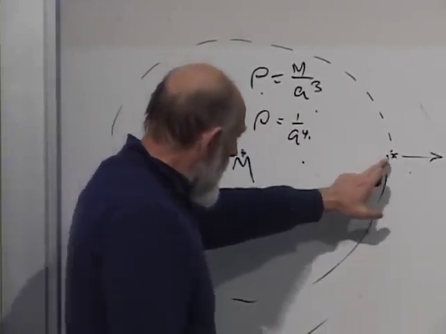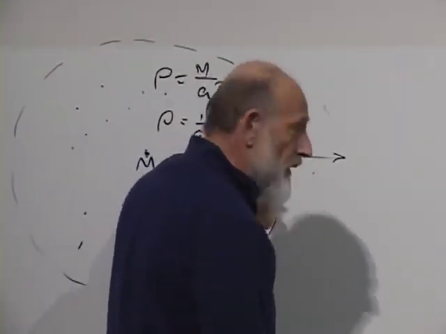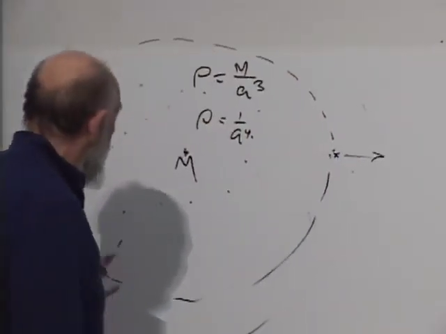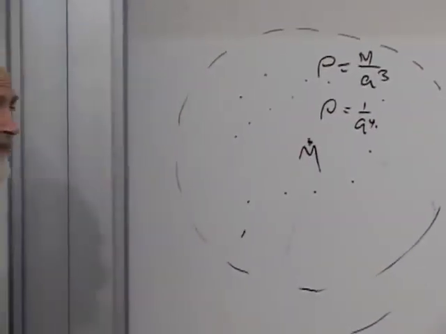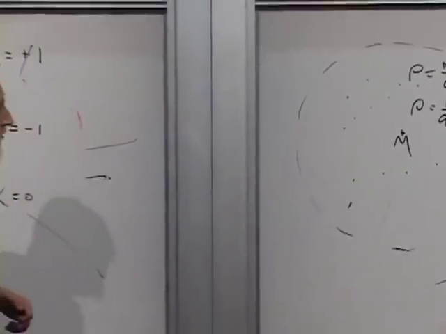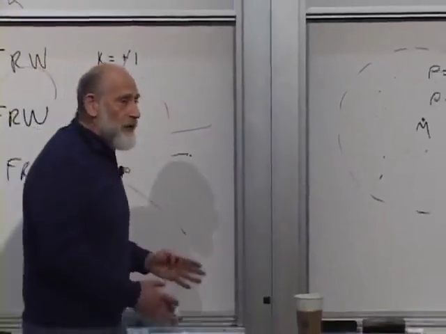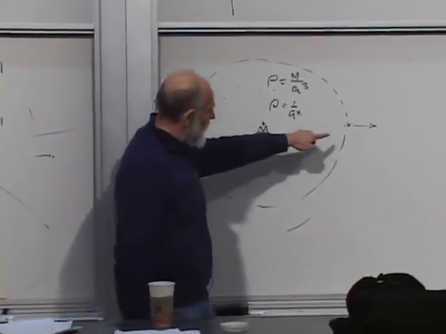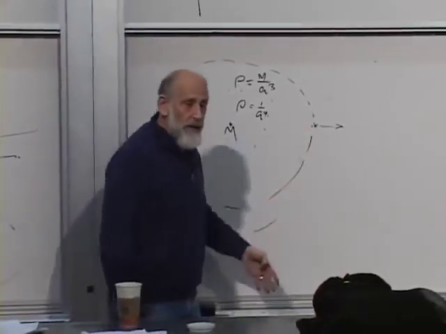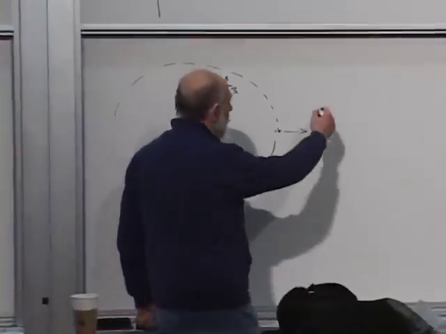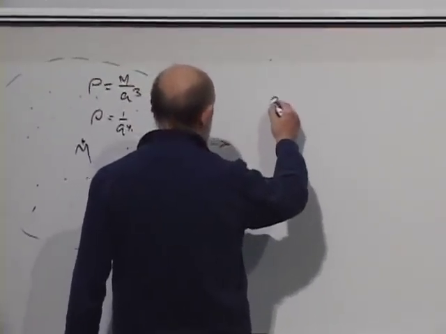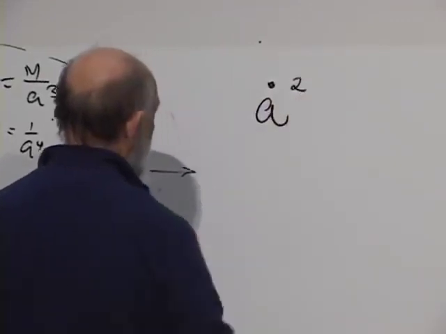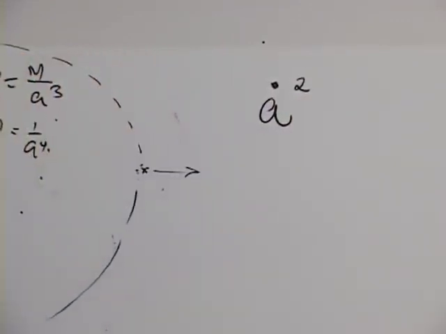Newton's equations applied to a galaxy, and you apply it to any galaxy anywhere, and you get the same equation of motion for a. But in particular, the energy conservation equation, just ordinary energy conservation for this object, can be written in a very simple form. The kinetic energy was just proportional to a dot squared.